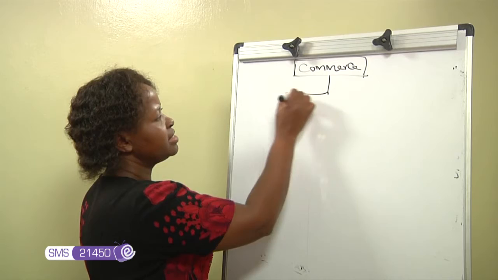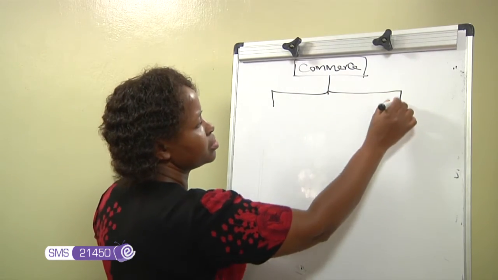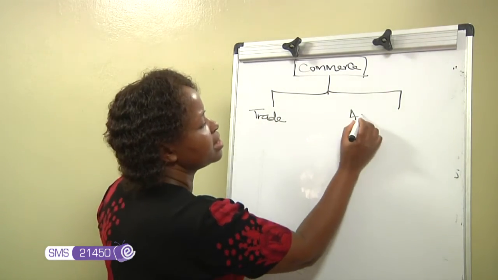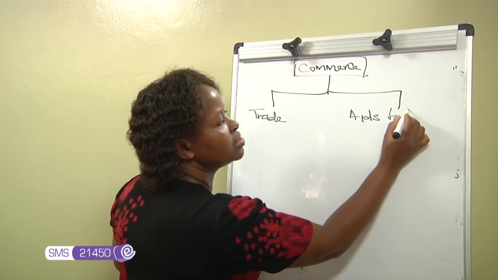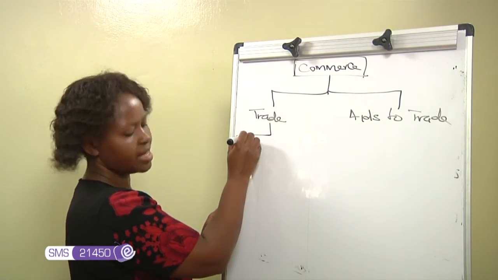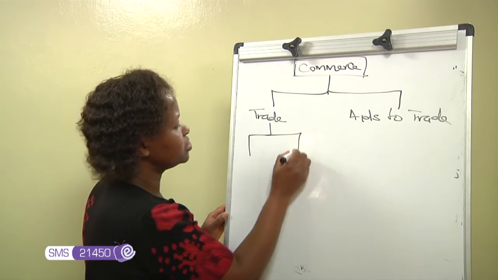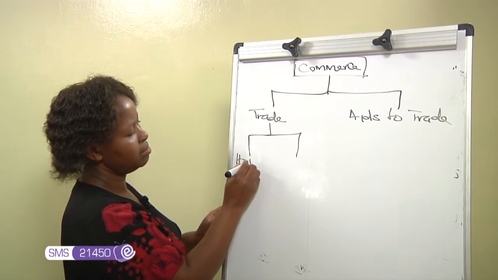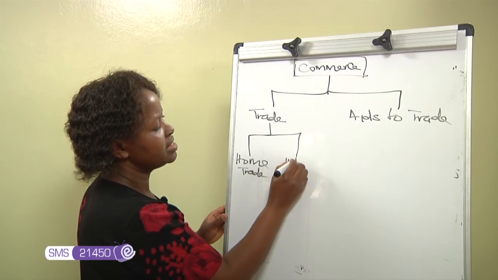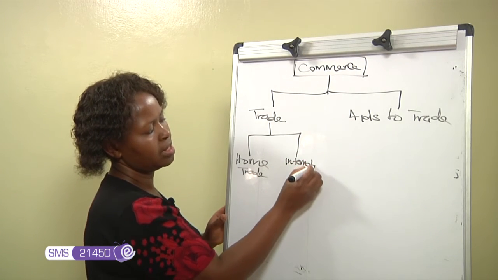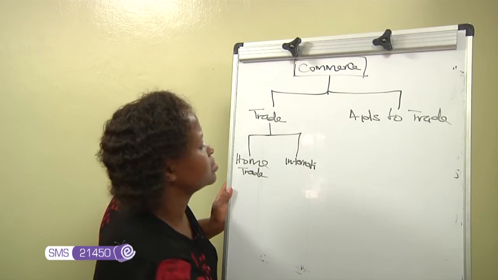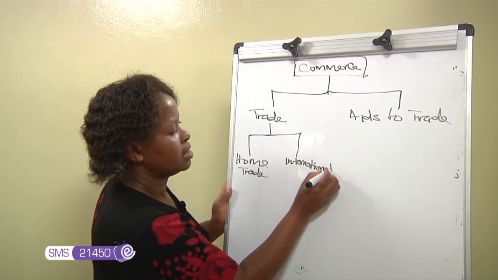We have said it's divided into 2. We have trade and aids to trade. Trade is further divided into 2. We have home trade and international trade.